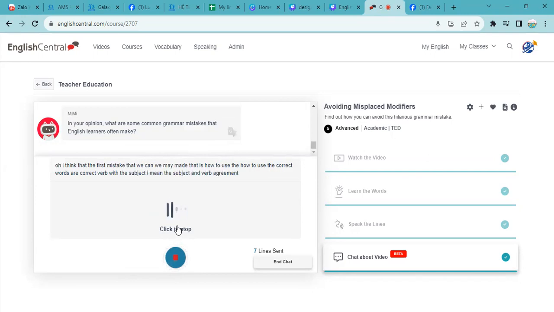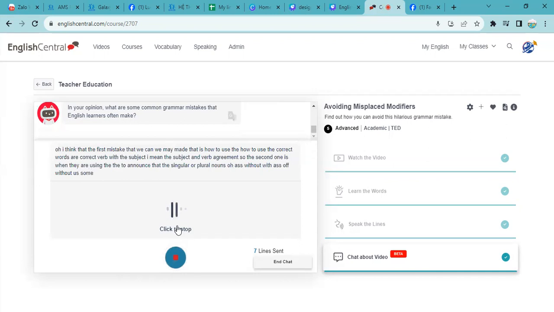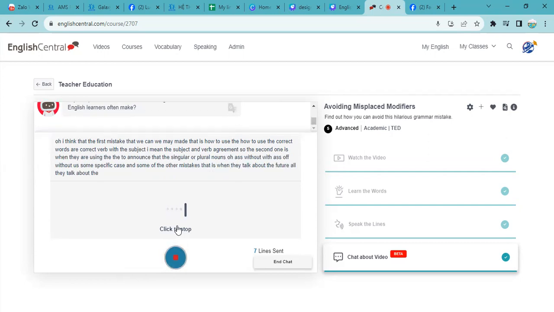The second one is when they are using nouns, singular or plural, with s or without s, or some specific cases. And another mistake is when they talk about the future or the past, they don't care about how they use the verb.